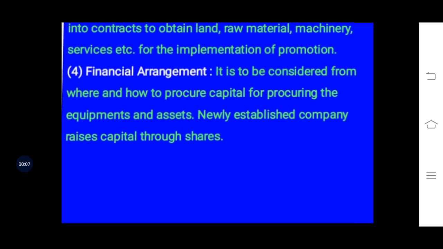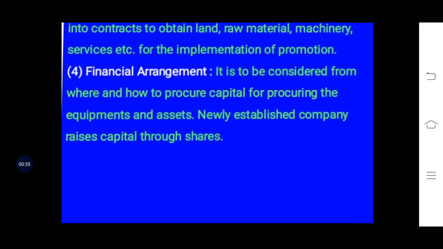So until the company is registered, it cannot issue the shares, and the capital which is needed for commencing the company cannot be brought by shares, because shares are issued after commencing the company.